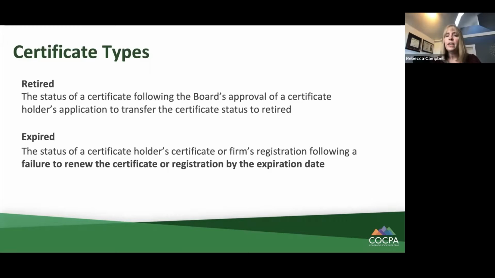If the renewal goes out in November, then you have a 60-day grace period. Let's say November 30th has gone by, your 60 days have gone by, and you still have not renewed your certificate. Your status goes into an expired status, okay? So then your certificate is there, and we're going to talk about what that means.